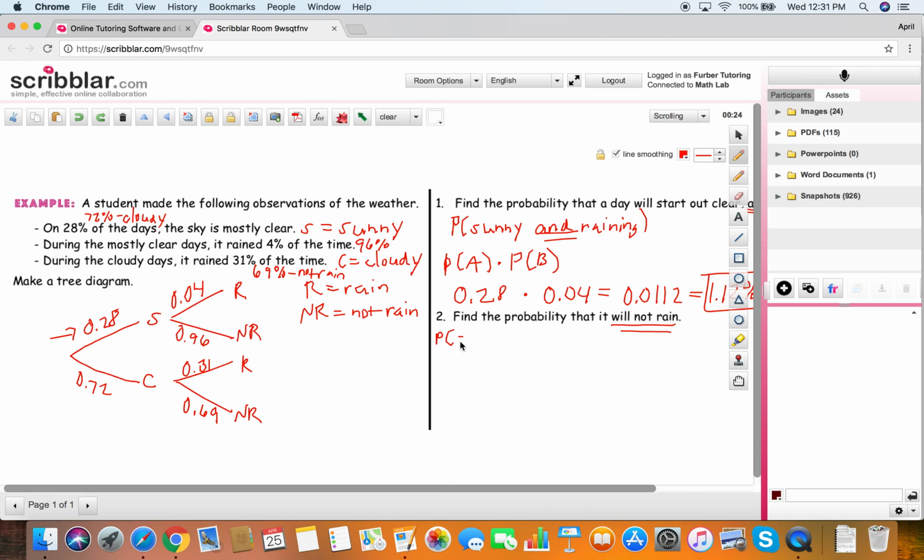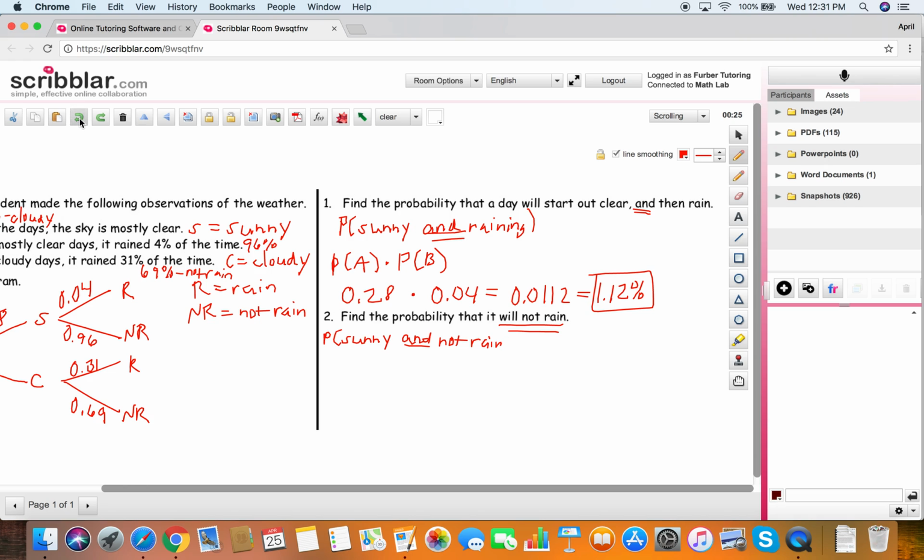It could be that it is sunny and not rain, or it could be the probability that it is cloudy and not rain.